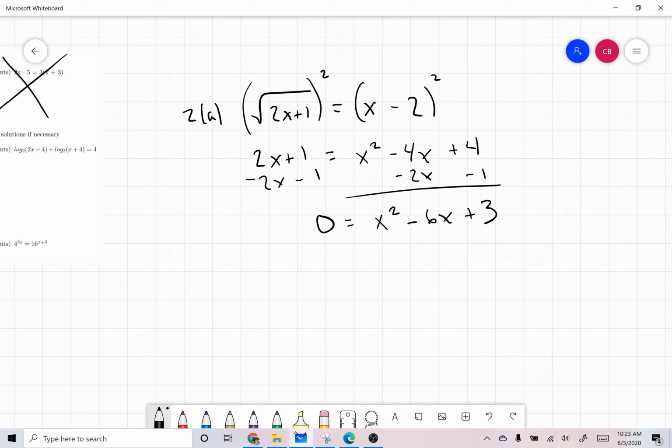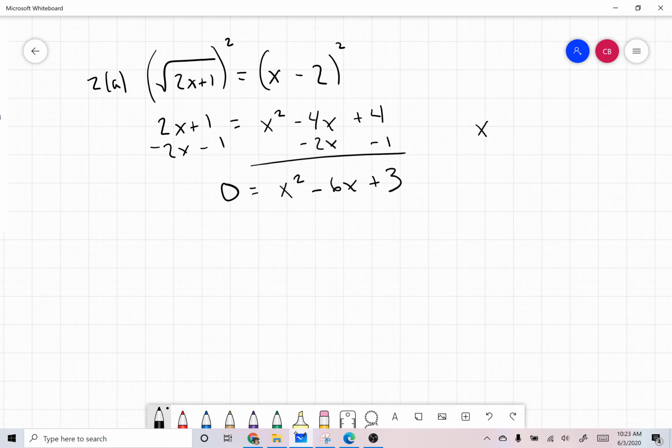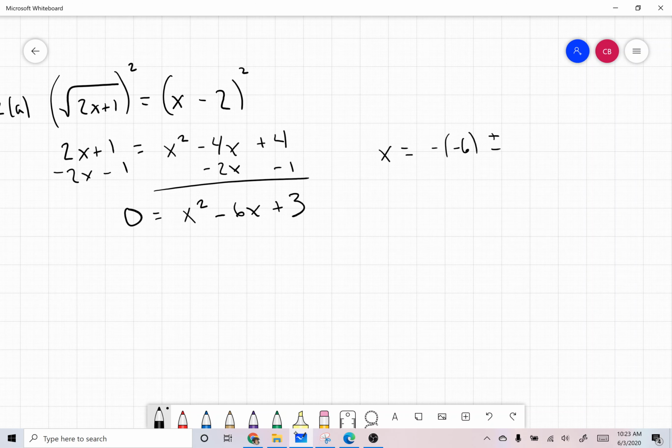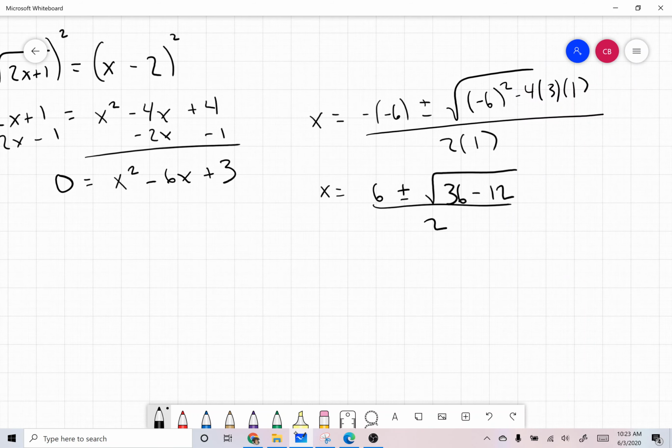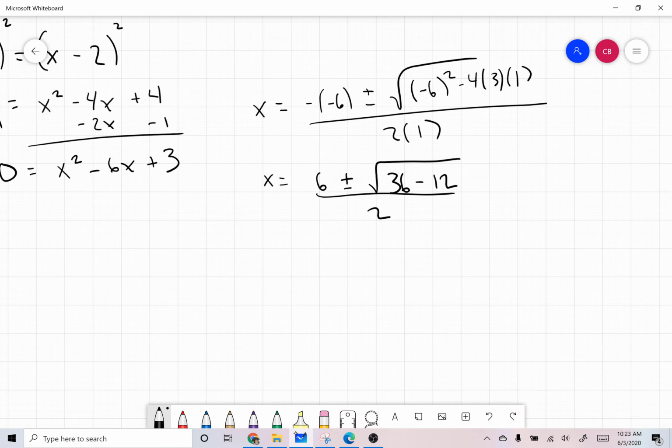So we need to use probably the quadratic formula. x equals negative 6 plus or minus the square root of negative 6 squared minus 4 times 3 times 1, all over 2 times 1, which is x is equal to 6 plus or minus the square root of 36 minus 12 over 2, which is 3 plus or minus the square root of 24 over 2.